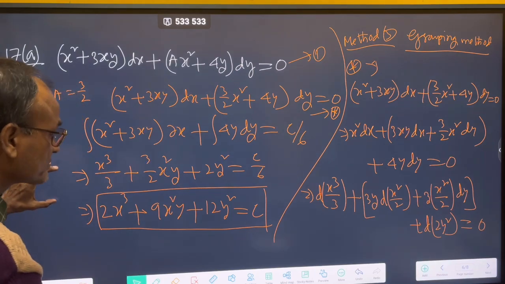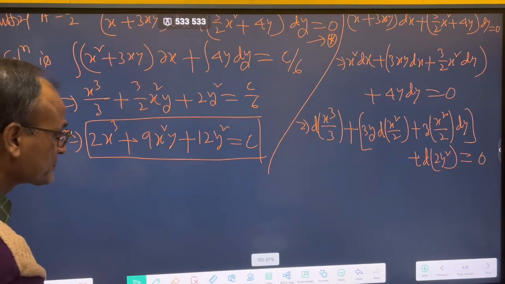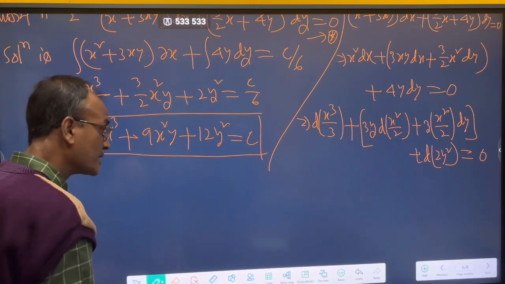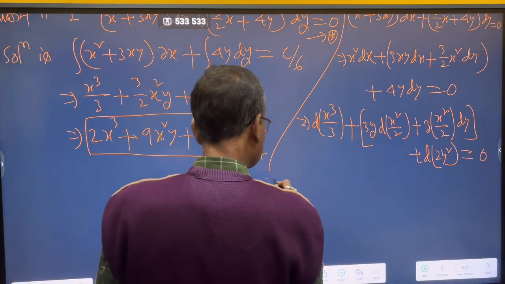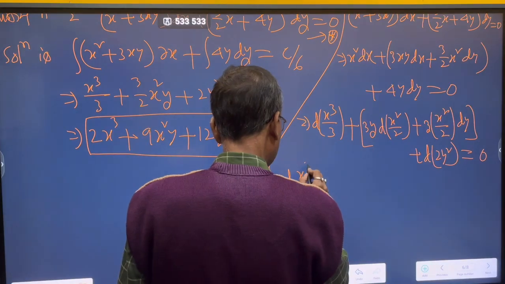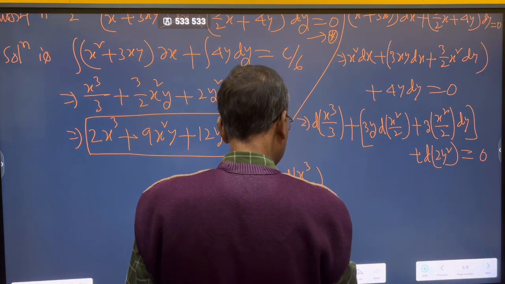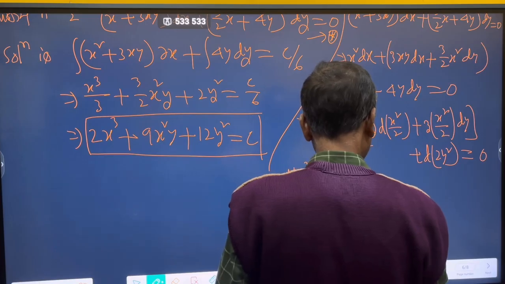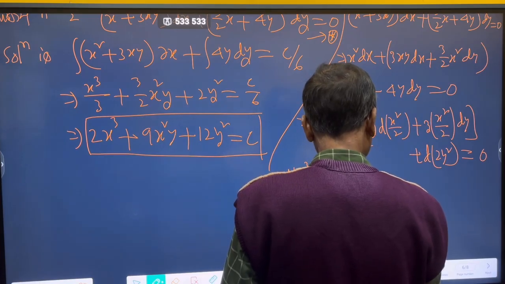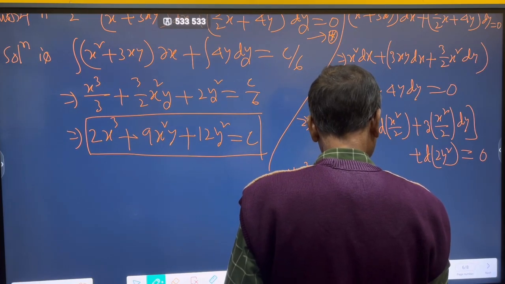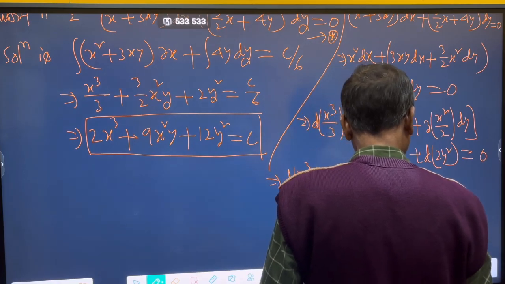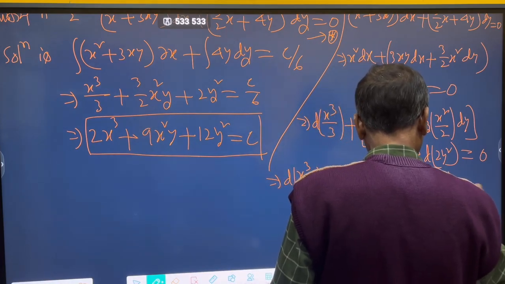Now this means d of x cube by 3 plus 3 common, d of x square by 2 into y, plus d of twice y square equal to 0.